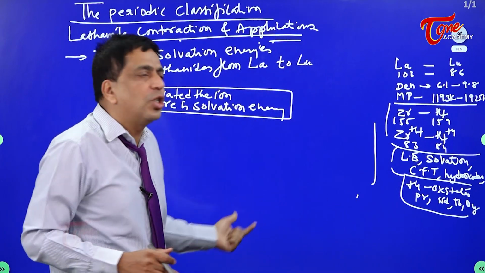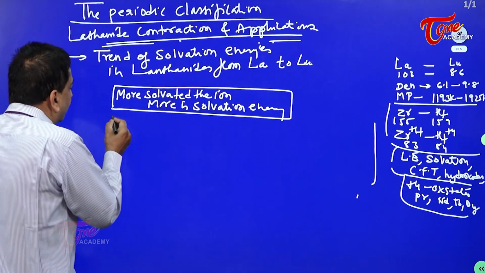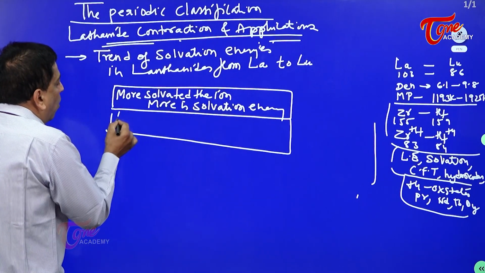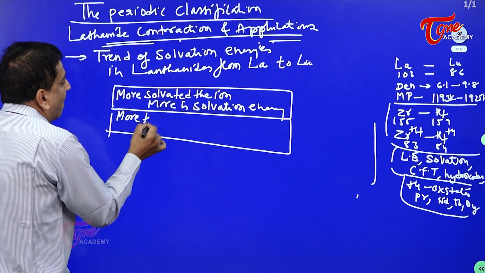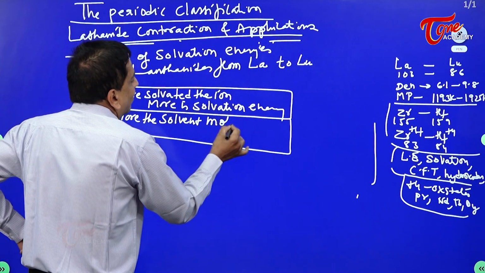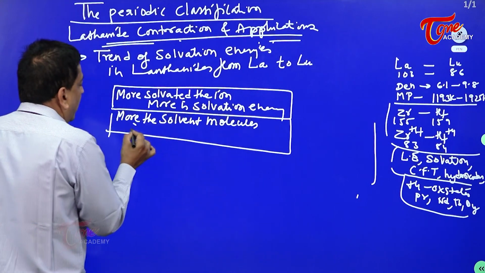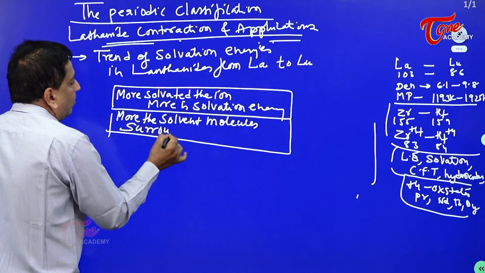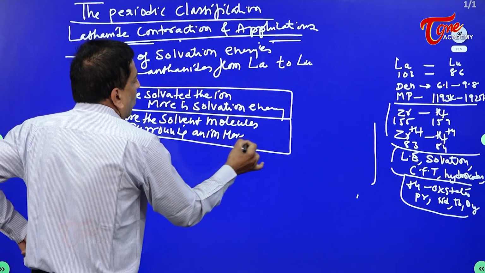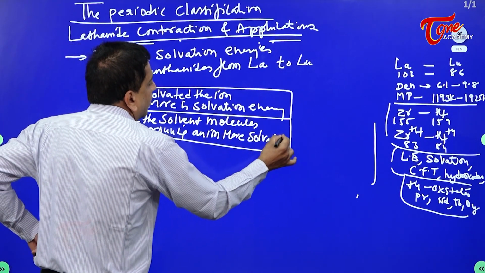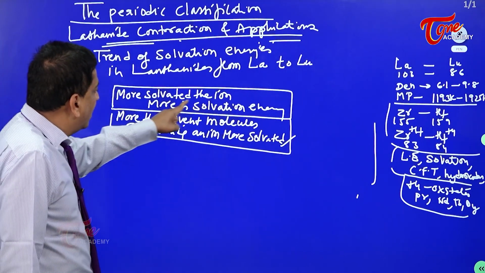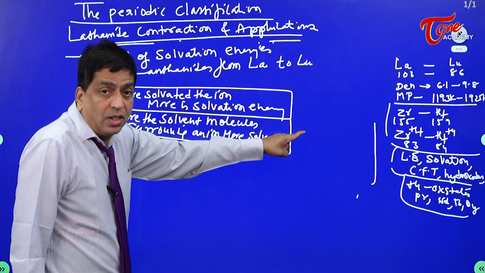So the corresponding statement would be: the more the solvent molecules surrounding an ion, the more solvated it is. You said more solvated the ion, more is solvation energy.